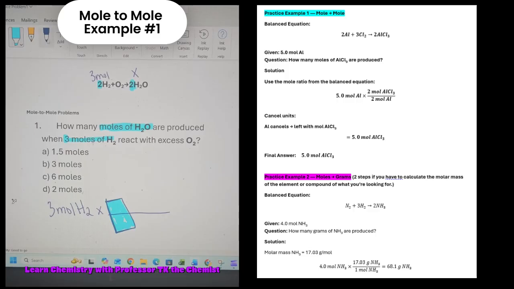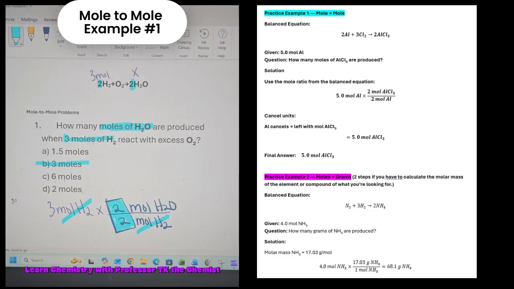I'm going to put moles of hydrogen on the bottom and moles of water on the top, and I know that there were 2 moles of water and 2 moles of hydrogen. The reason I'm doing that is because I want to get rid of my moles of hydrogen. You're just going to multiply 3 times 2 divided by 2, and technically these 2's are going to cancel out. So your answer here is 3 moles.